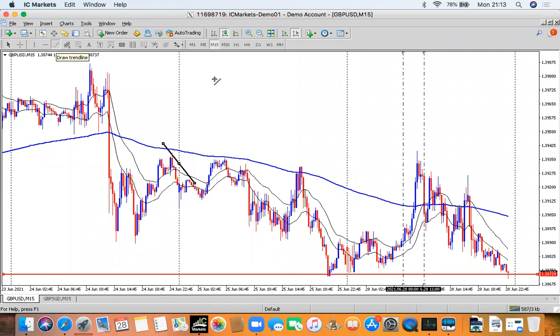All right, guys. As I was saying, for the market to sell, we're looking for two formations. The first one is either the market will go down this way, a pullback, and then a continuation right here. This is how a sell is formed.